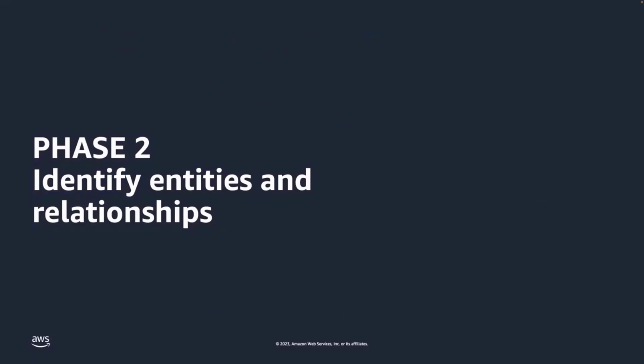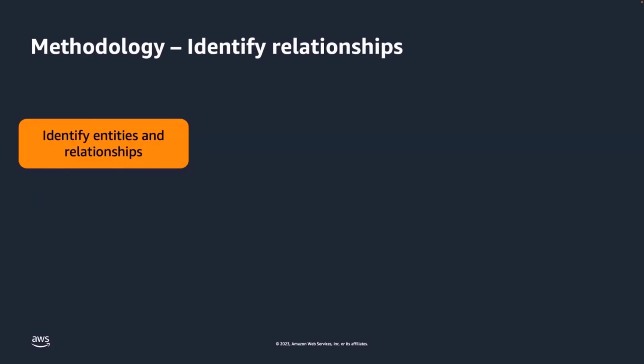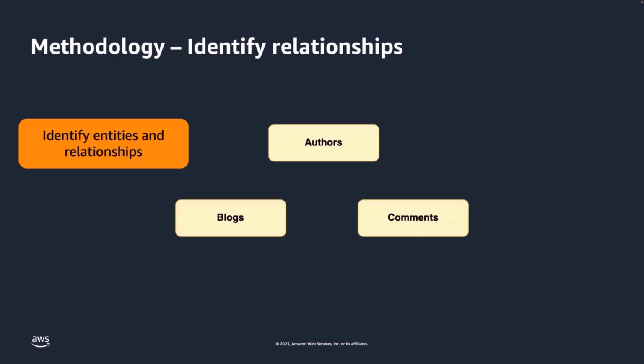Second phase is identifying the entities and the relationships between them, which is one of the most important steps. Identifying the entities will allow you to determine the JSON key values for each entity and their value types. With the blog application, the entities can be authors, blogs, and comments. And for the relationships between them, an author can post multiple blogs or comments.